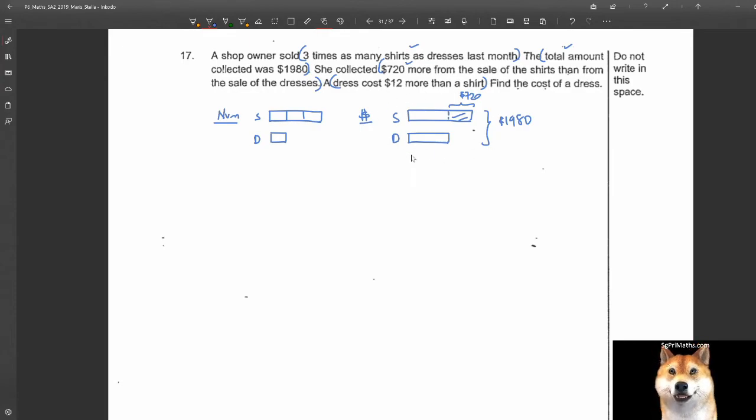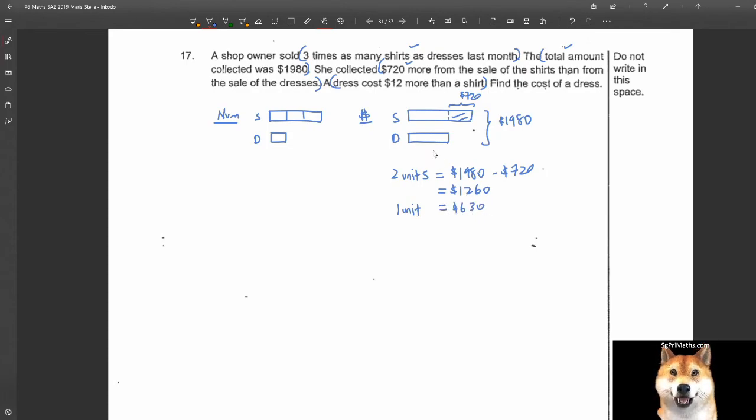So from this model, this unit and this unit are the same. We can find the value of money for each unit. So 2 units equals 1980 total minus the difference 720. This will give us 1260. 1 unit will give us 630.